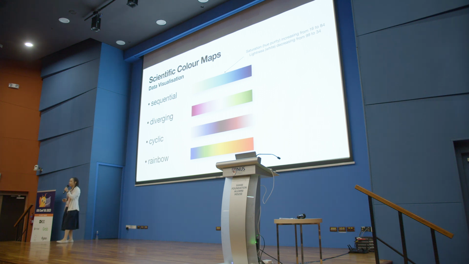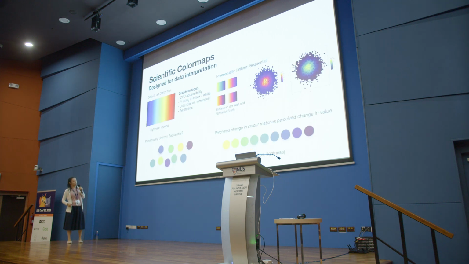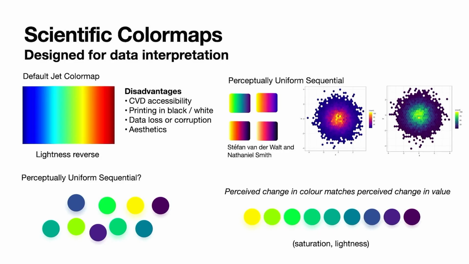If you have data that's repeating itself, data that's periodic, like, for example, the phase of your angle, you could use a cyclic color map. And then, of course, you have rainbow color maps. Those are quite well known as well, and I'll go a little bit more into detail specifically about the rainbow.